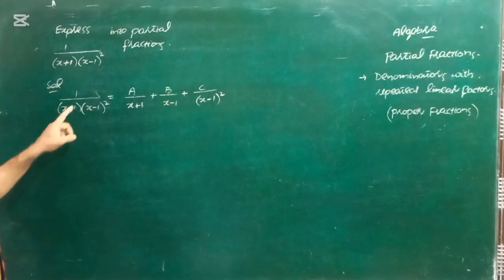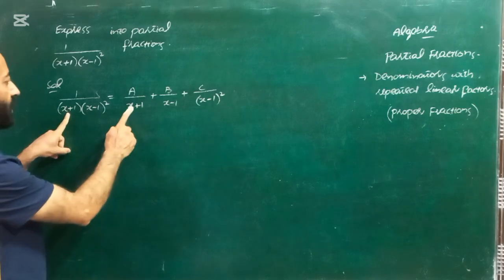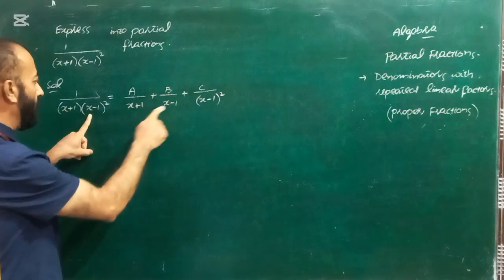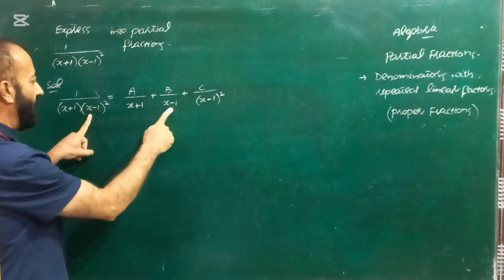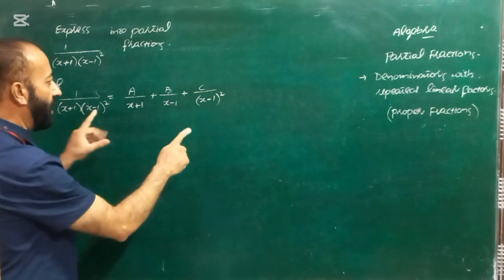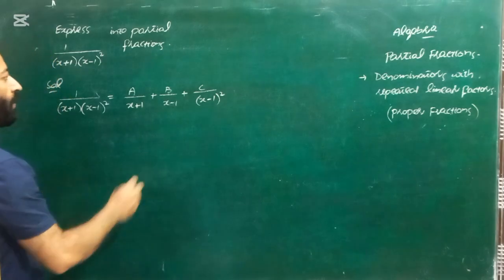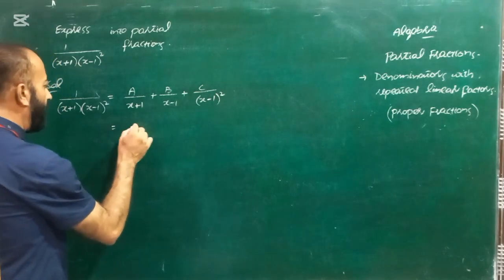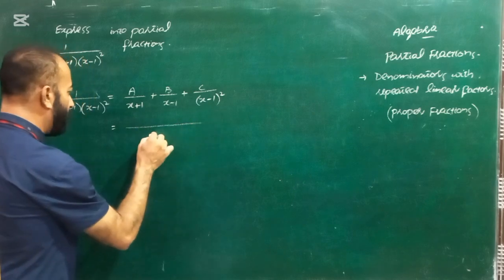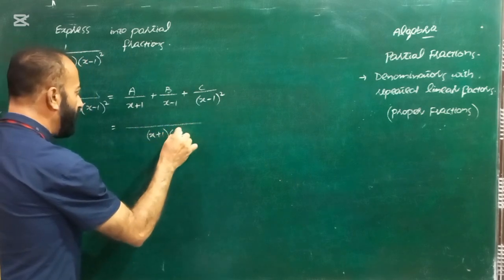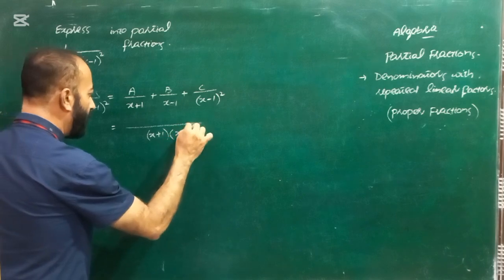So look again, a over the first non-repeated factor, then comes the repeated one. So b over it the first time will be written in linear form, and then c over it will be written in quadratic form. So this will be the method. From here you will take the LCM of the right hand side. So x minus 1, x plus 1 into x minus 1 whole square.